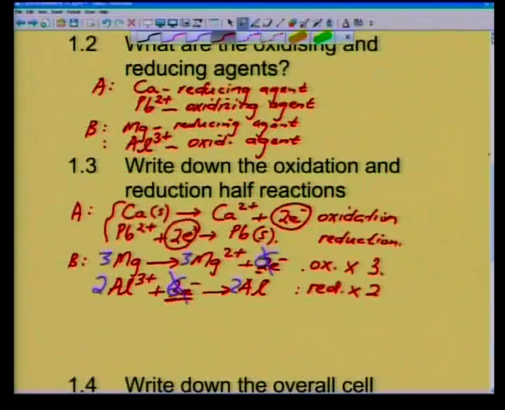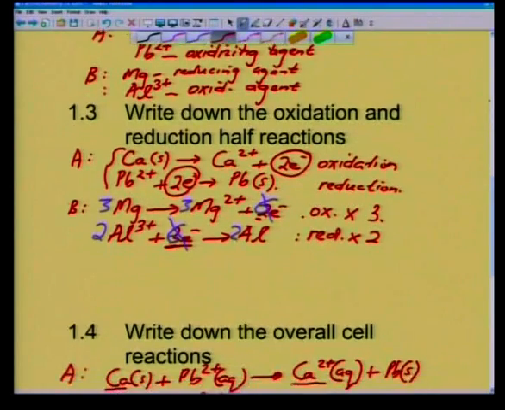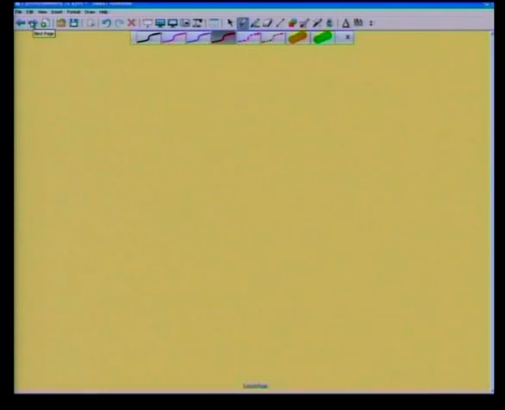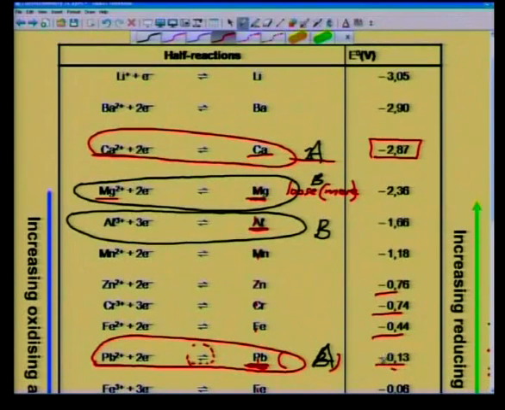For A, our anode was calcium, because calcium is the side where oxidation is taking place. So let's look at calcium in our table here. Calcium is minus 2.87, that is our anode. Lead is our cathode, minus 0.13. Okay, let's see.